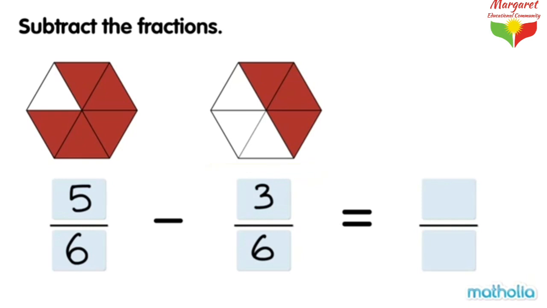The fractions are like fractions, so to subtract, we subtract the numerators and keep the denominator the same. 5 minus 3 equals 2. So 5/6 minus 3/6 equals 2/6.